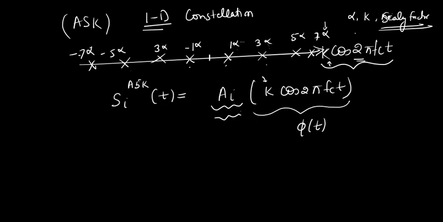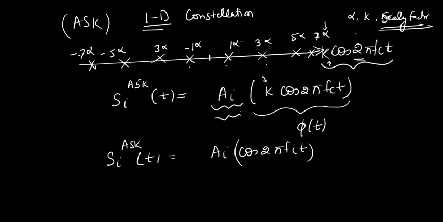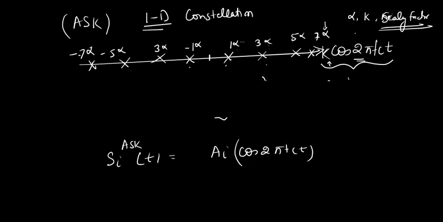Or in general you can write, there are various ways, so you can write. So, if somebody says this is my ASK waveform, then you have to write okay, then A i by k cos 2 pi f c t.